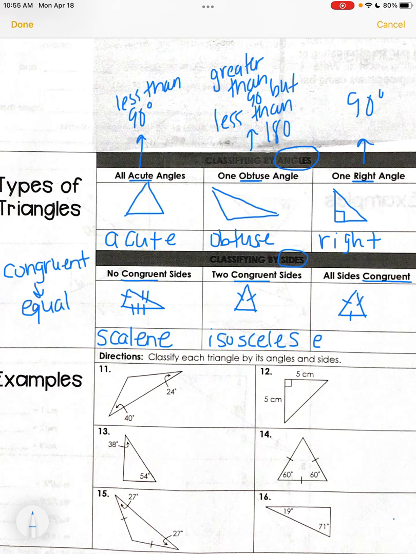That is equilateral. Okay, so scalene is no congruent sides, so no equal sides. Isosceles is two congruent sides, or two equal sides. And then equilateral is all congruent sides, so all the sides are equal.